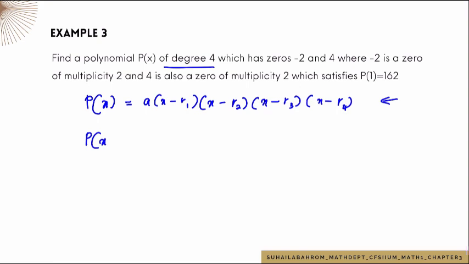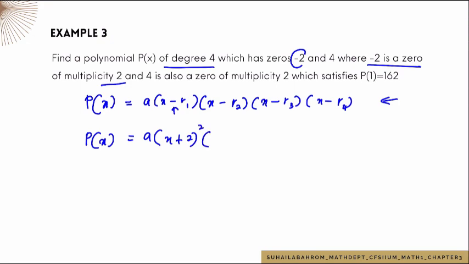Therefore, when we construct the polynomial with the degree of 4, you must have a in your polynomial, which refers to the leading coefficient. Our zero is negative 2, so we have to put x plus 2, because in general it should be minus, and minus minus gives positive. So x plus 2, and for negative 2 the multiplicity is 2, so we put the power 2 here.